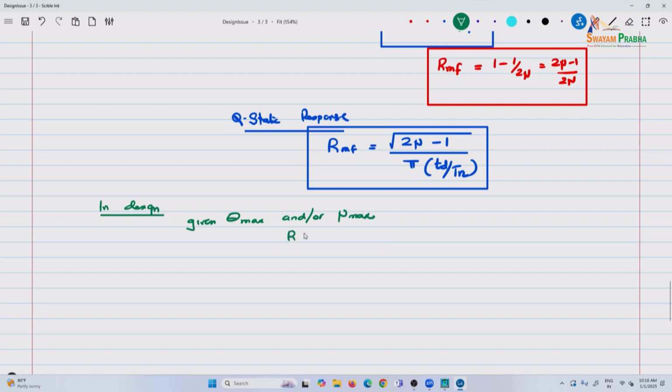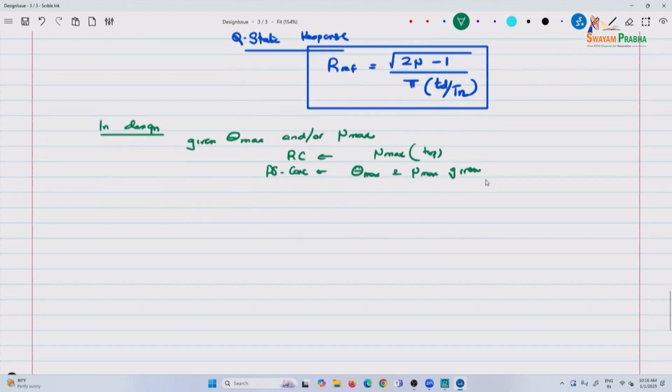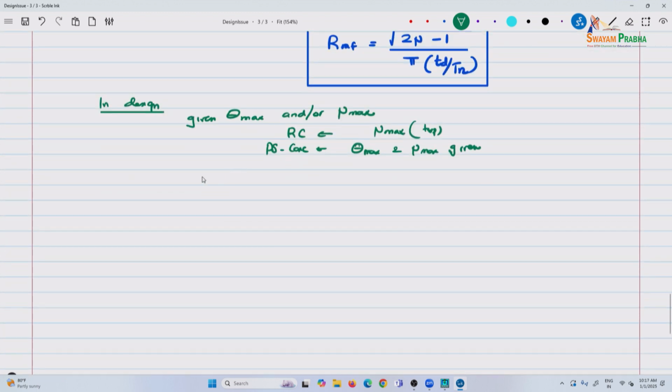Typically for RC structures, you would be given mu max, and for pre-stressed concrete, both theta max and mu max are given. So depending on the type of structure, you can get it.